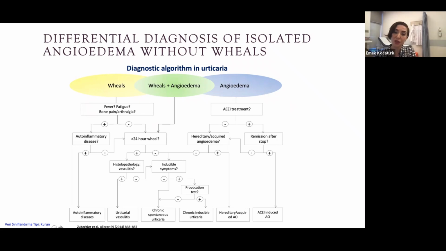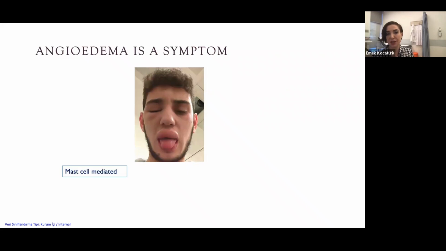So the first question, if it's an adult patient, is whether the patient has only angioedema, isolated angioedema without wheals. Then the first question is, are you using ACE inhibitor treatment? Because it's the most common cause of angioedema in the adult population. So first, ruling out ACE inhibitor-induced angioedema, then we can also consider other types of angioedema.